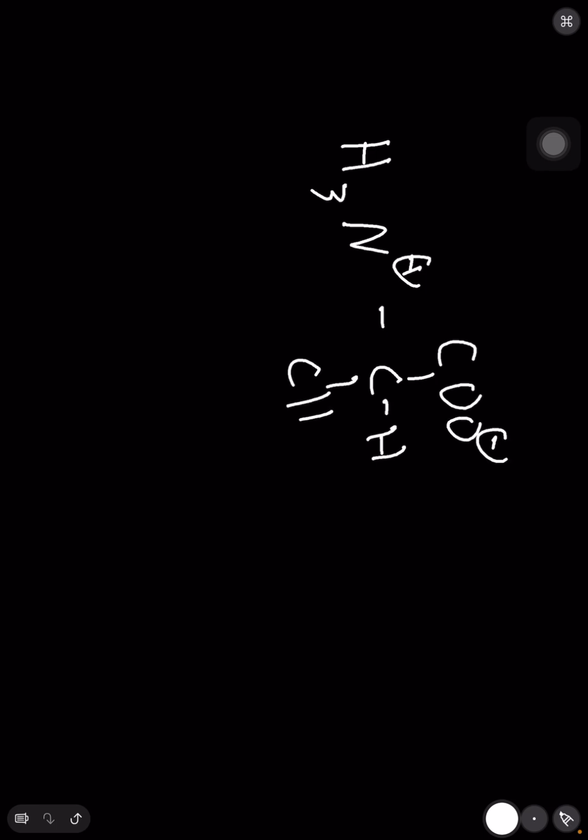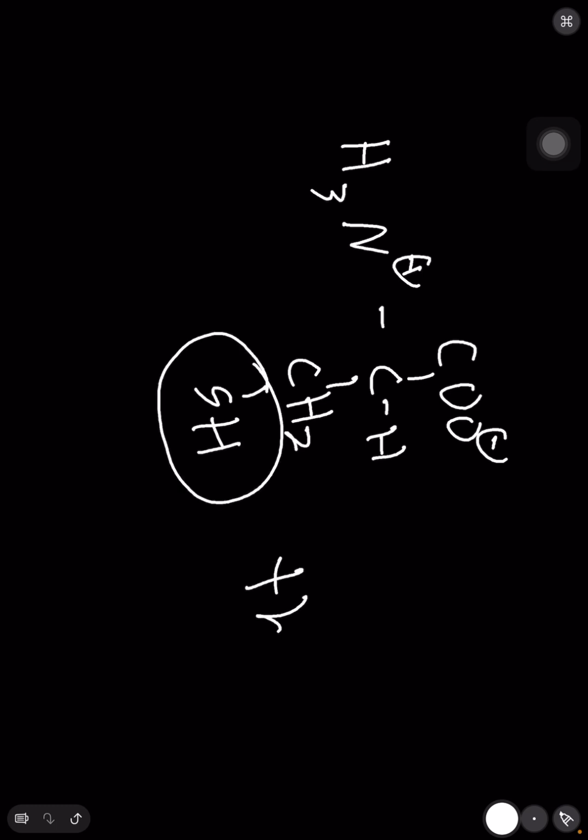Cysteine does not have a sulfide group in it, but it does have this side chain right here, and that side chain contains an SH. That is called a thiol group. And thiol groups are a little bit more reactive than sulfides. So here's where you can really see the opportunity to make disulfide bonds.